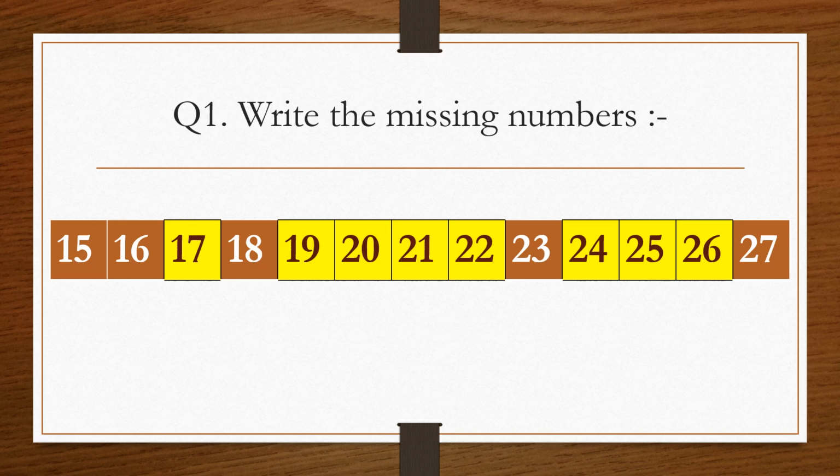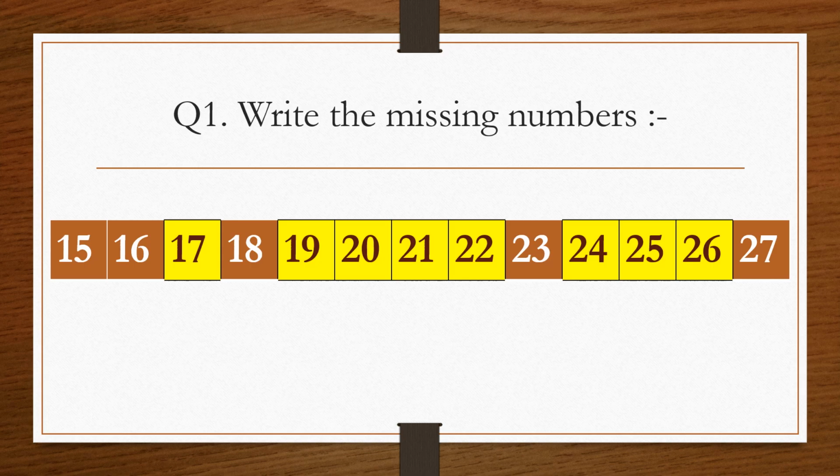Now see the question. Number 1 number, what is written? It is written 15. Then after 15 is written 16. That means in counting, 16 comes after 15. We count like this: 15, 16, 17 and so on. So from this we came to know that in this series we have to count forward and write the missing numbers.